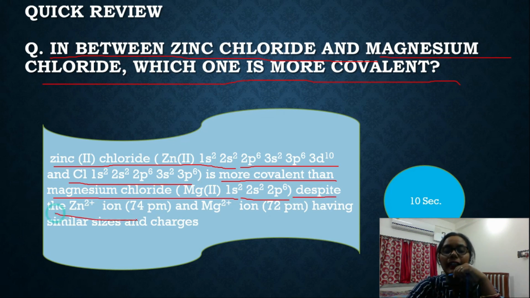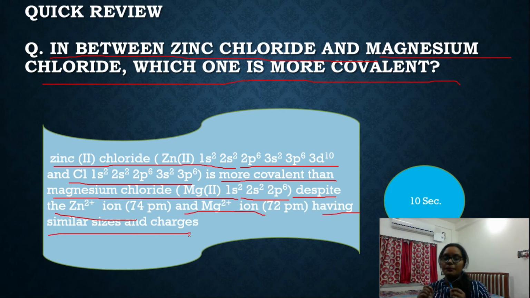Despite the zinc ion and the magnesium 2+ ion having almost similar size and charge, the covalent character of zinc chloride is still higher than that of magnesium chloride. Why? Because of the electronic configuration of zinc: 1s2, 2s2, 2p6, 3s2, 3p6, 3d10.